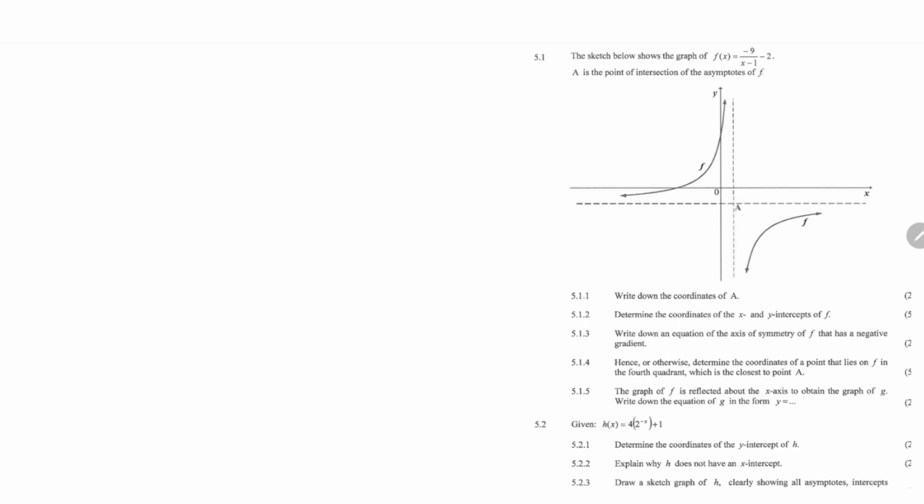But let me take you back to the standard form of a hyperbola, which is y equal to a over x minus p plus q. So now that we have the standard form, let us observe how we get the asymptotes.